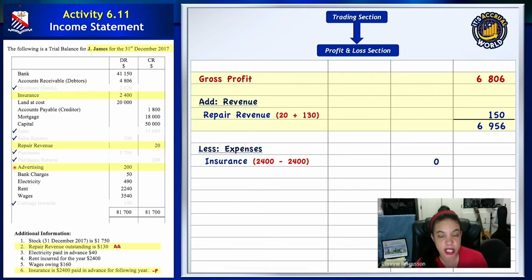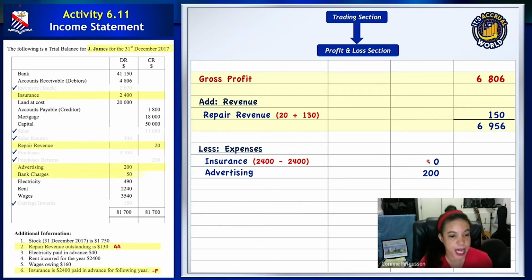Don't ignore it. It is an expense, so it still goes into the income statement. So under expenses, you put advertising. Since there are no adjustments to be done, meaning no accruals or prepayments, you just put exactly the amount that is in your trial balance, which is $200, and you move on.